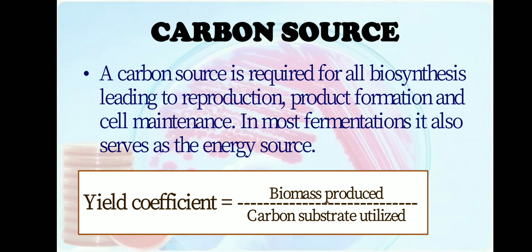If 0.8 grams of product is being produced for 1 gram of substrate being used, then the yield coefficient is said to be 80%. So yield coefficient is the percentage of the yield that is being produced, defined by the ratio of biomass produced to the carbon substrate that is being utilized.